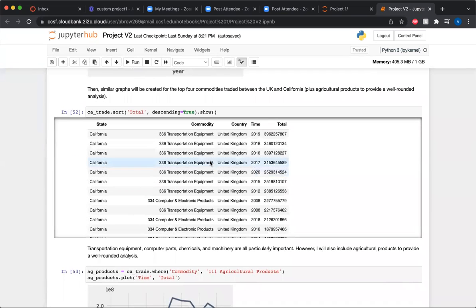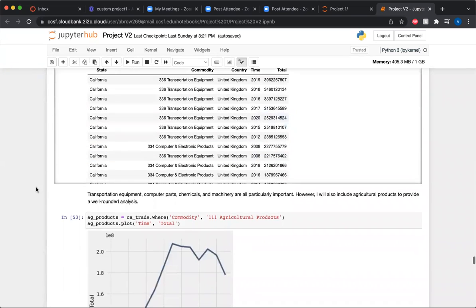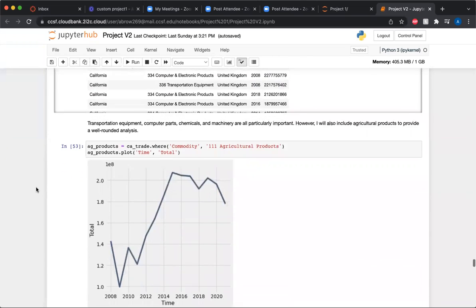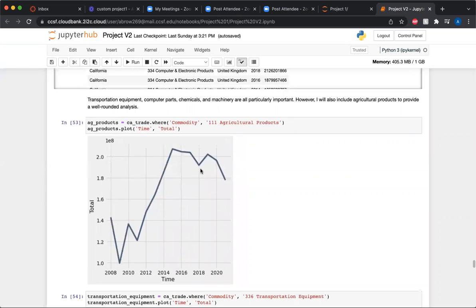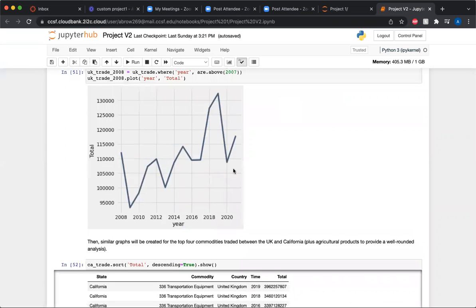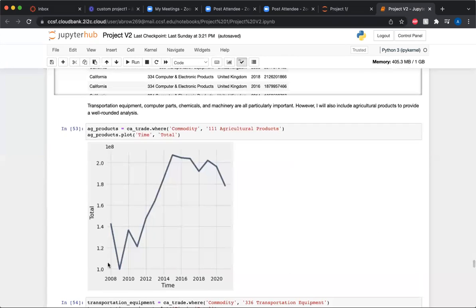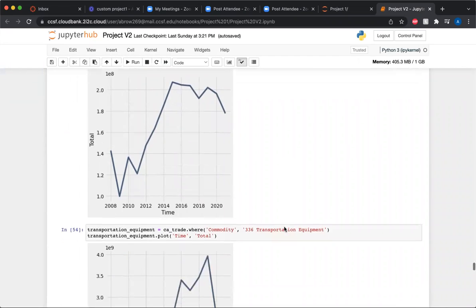And I picked out some of the top commodities because I figured those would be the most useful to analyze. As you can see, here's ag products, definitely a different story to tell than this broader UK US trade. Seen a big dip in 2009, steady increases since then, kind of dropped off in 2020.